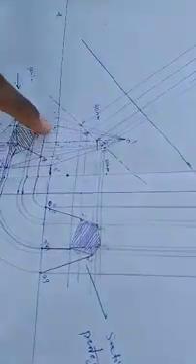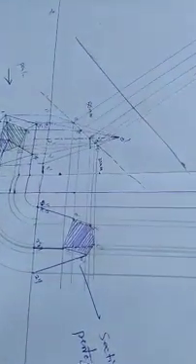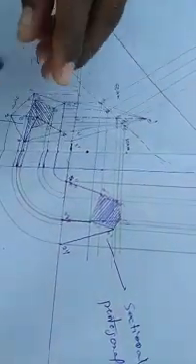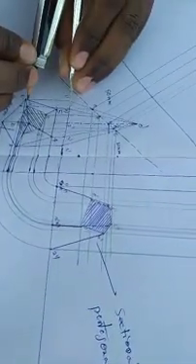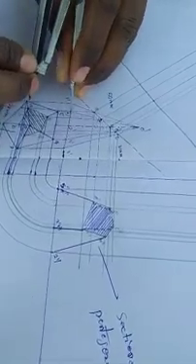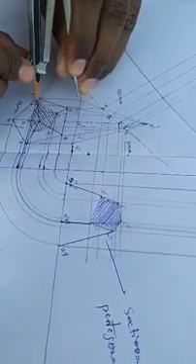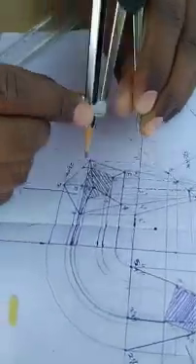Take the baseline as center, from the A projection line. This is the A projection line. Put your compass at the intersection of the baseline and mention this A distance. Then put your compass on the baseline and cut an arc.